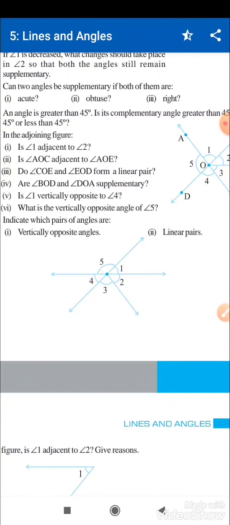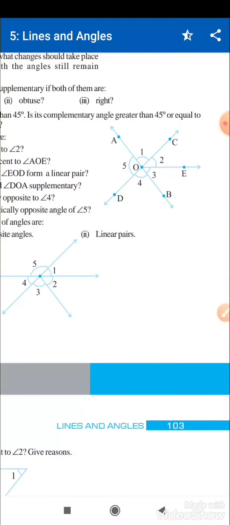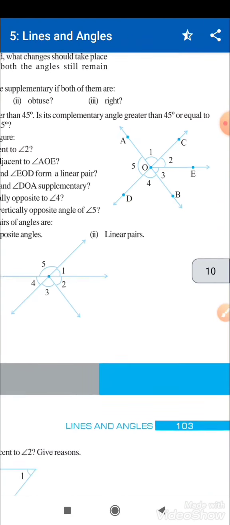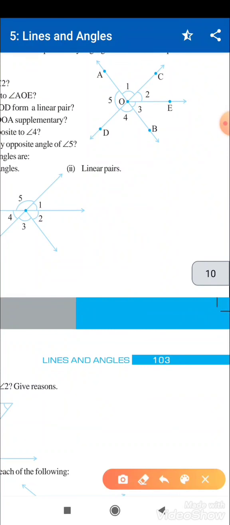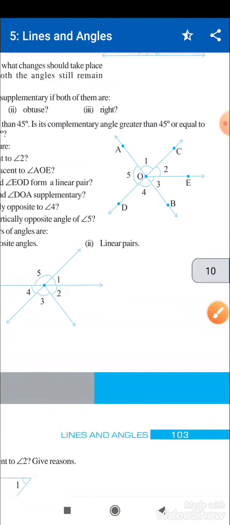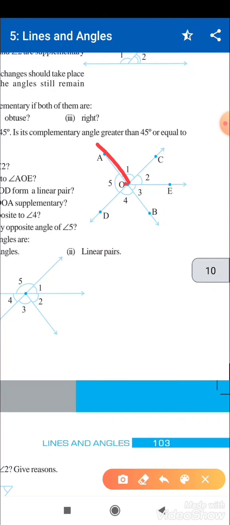Our second part is: is angle AOC adjacent to angle AOE? So here we have AOC and AOE. In these two angles, the common vertex is O, the common side is OA, and their non-common sides, OC and OE, do not lie on either side.